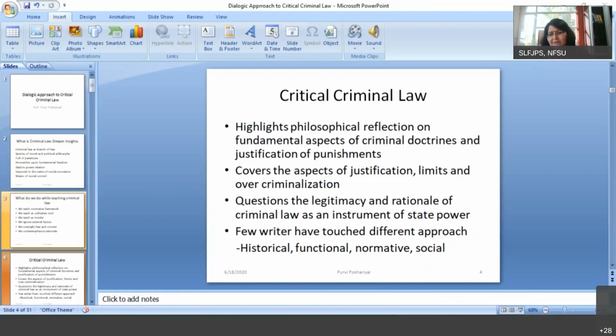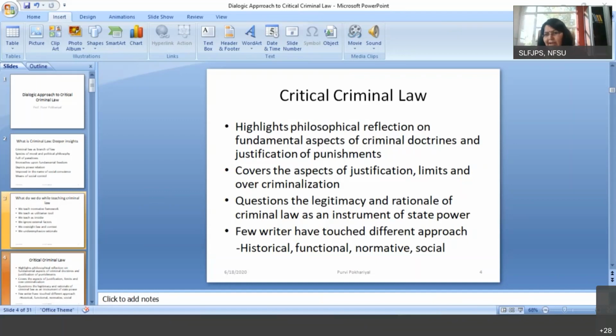It covers the aspects of justification, limits of criminal law, overcriminalization, and the fundamental and core part of critical criminal law is that we question the legitimacy and the rationale of criminal law. And how do you rationalize criminal law as an instrument of state power? There have been a lot of writers who have written on these aspects. We have a historical function.